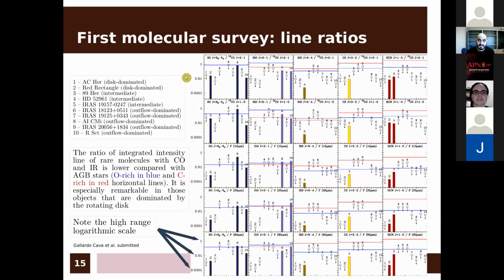Doing this, we see that the emission of our objects is very low, and we can see this in our logarithmic scale. But it's remarkable that the sources in which the disk is dominant, such as AC Herculis or the Red Rectangle, present a lower emission.